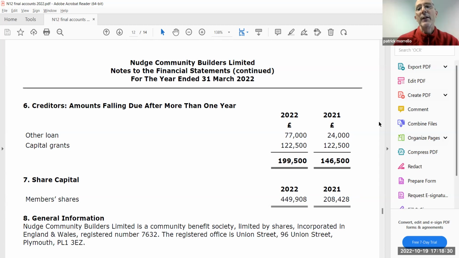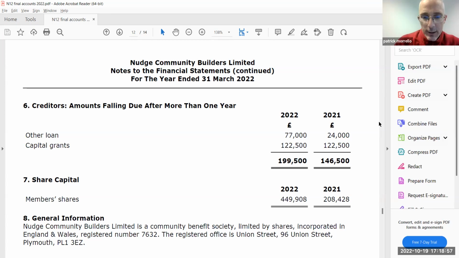So if the fixed asset is going to last 100 years and you depreciate it over 100 years, you also release the relevant grant over the same period. We haven't managed to determine yet exactly what that grant was for, because this relates to previous years and we weren't accountants then. So probably that 122,500 does need to be amortized a little bit.